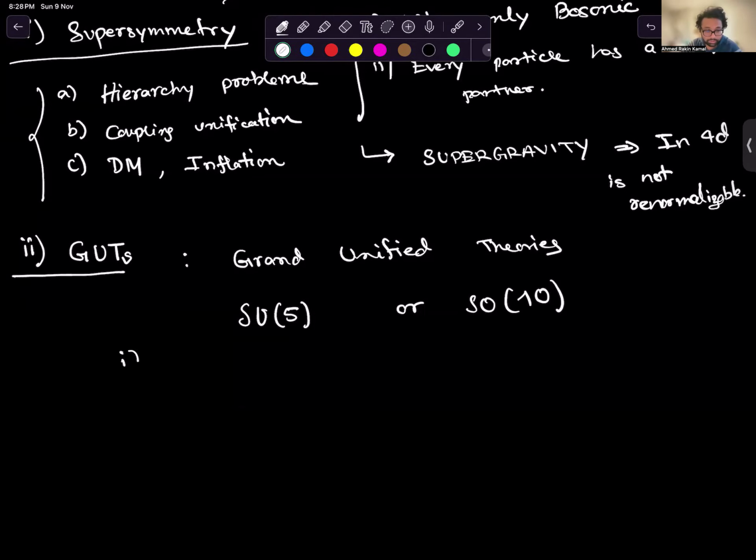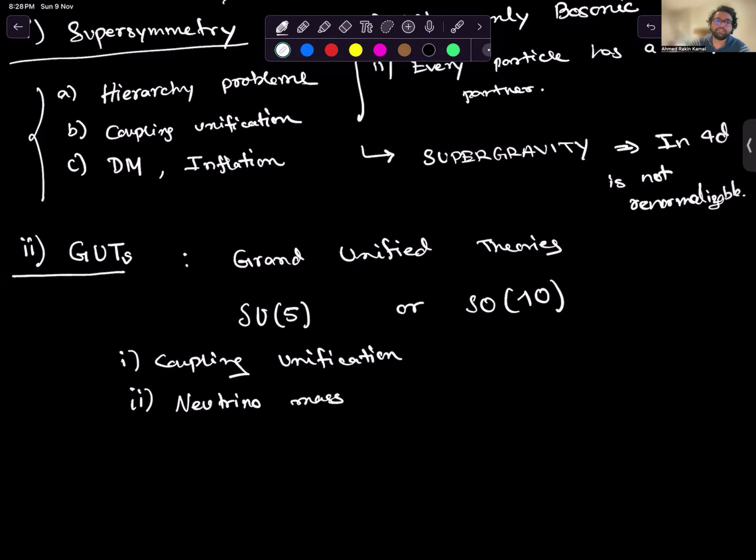One thing it helps us with is again coupling unification. At high energies, all of the couplings tend to merge towards a single coupling, all part of the same force. In some ways, it can address neutrino mass, and there are some cases where it can address inflation.